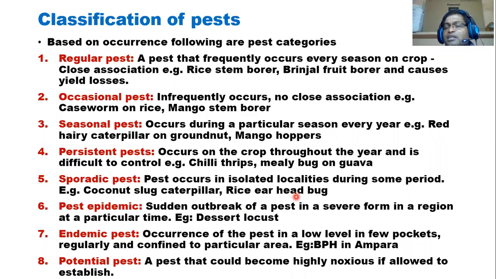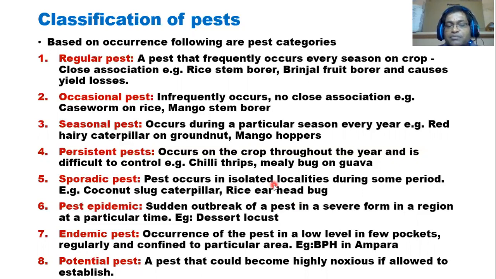Countries such as Kenya, Iran, the Mediterranean countries, and the Indo-Pakistan border, especially the Rajasthan and Punjab states of India and Pakistan, were severely affected by these desert locusts. Certain environmental factors favorable for this pest make it multiply in billions, and whatever vegetation is present in a particular area, it will finish and move to another area.